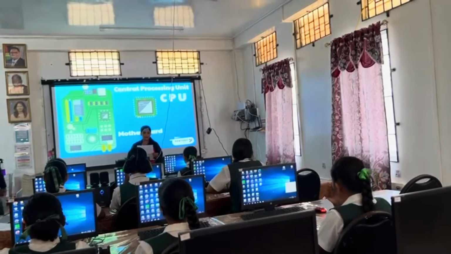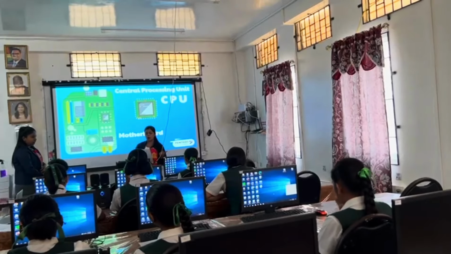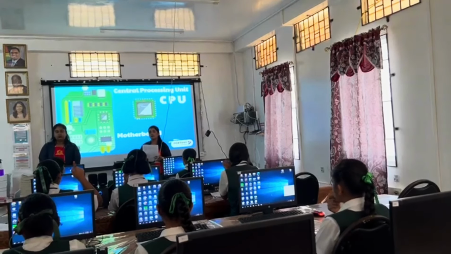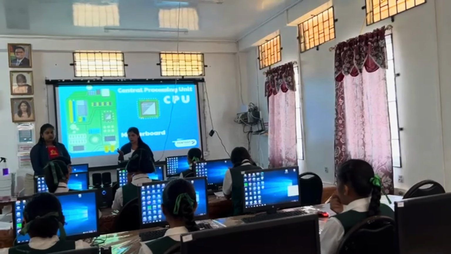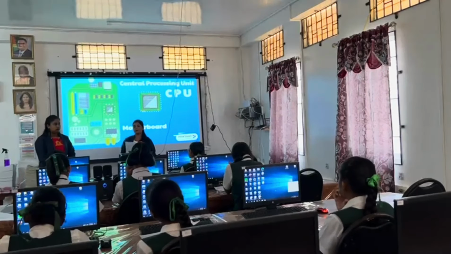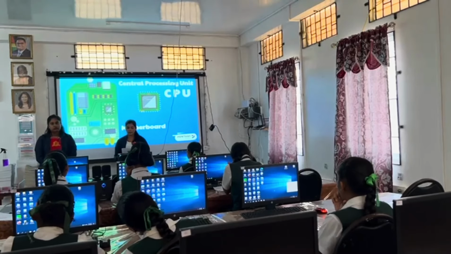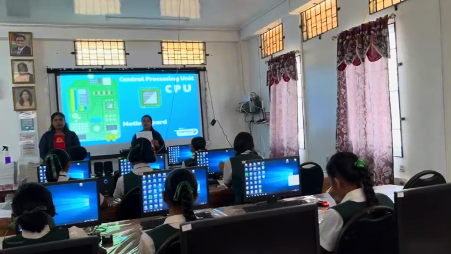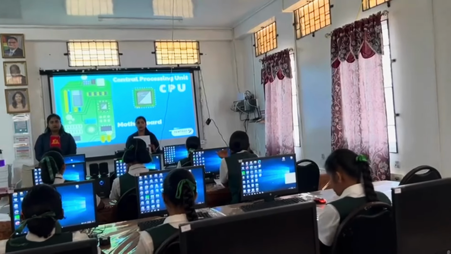So can you tell me the difference between RAM and a hard drive? The difference, yes? Hard drive stores files permanently, and the RAM doesn't, right? Because we know the hard drive, does it store permanently or temporarily?